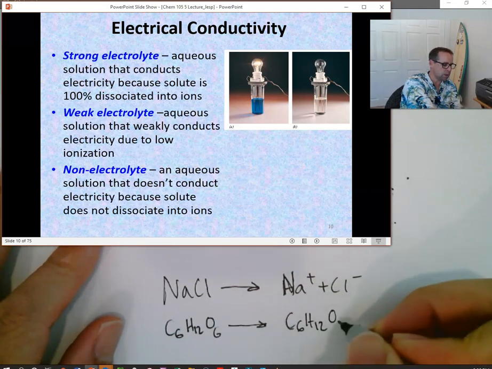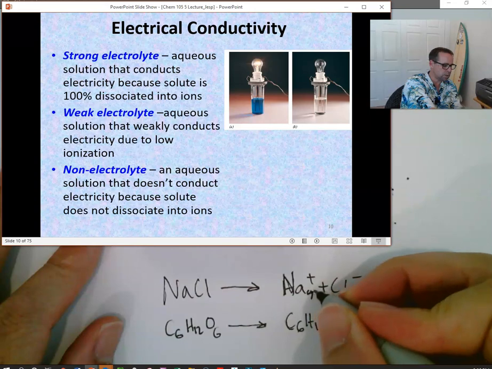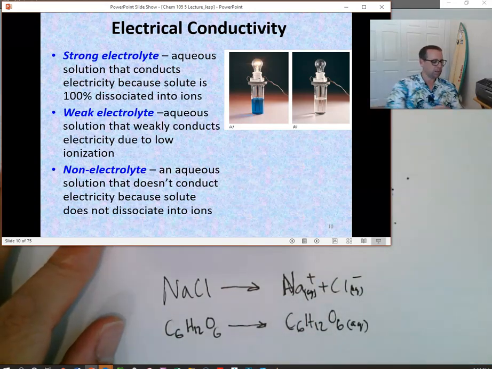It's not an ionic compound. That's right. So it'll be aqueous. But this compound can dissolve in water, but it's a non-electrolyte, because when it's placed into water, it doesn't result in ions being created.